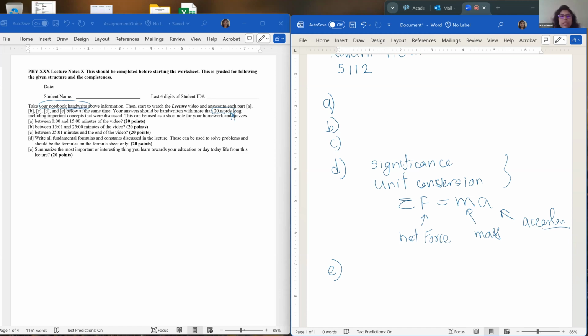What is the important thing for your life or in this lecture that you think is most important to use? You're going to write a sentence or two, including 20 words. So this format is important. This is how you should do it.